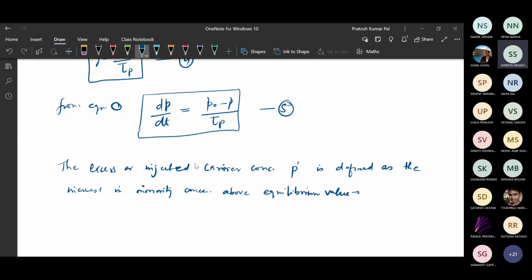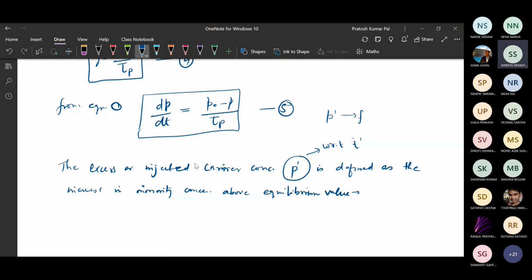Overall, this p dash value, the increase in hole concentration, is varying with respect to time. That means p dash will be a function of time.